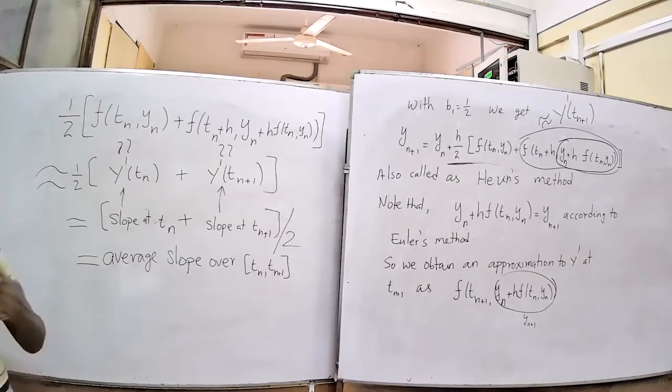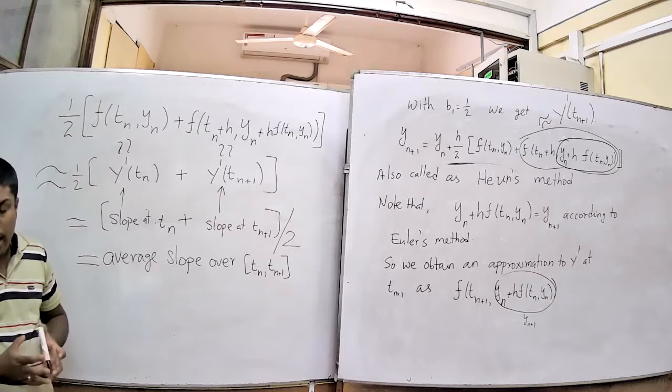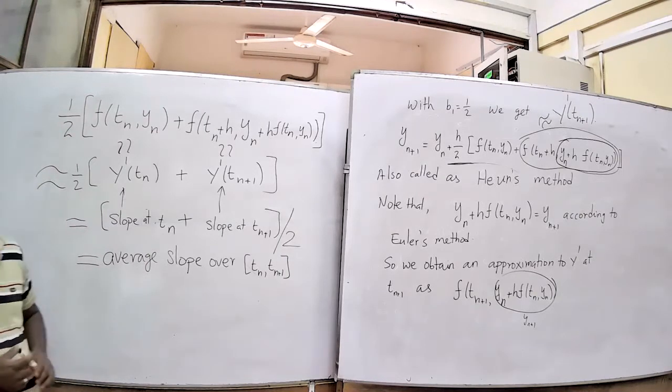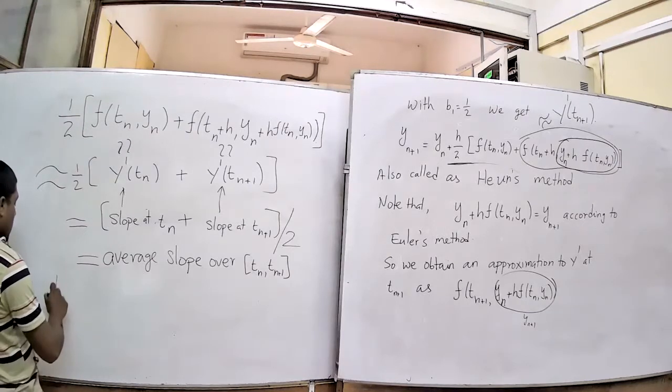So that is why we keep saying that in the Runge-Kutta method we have an average slope.